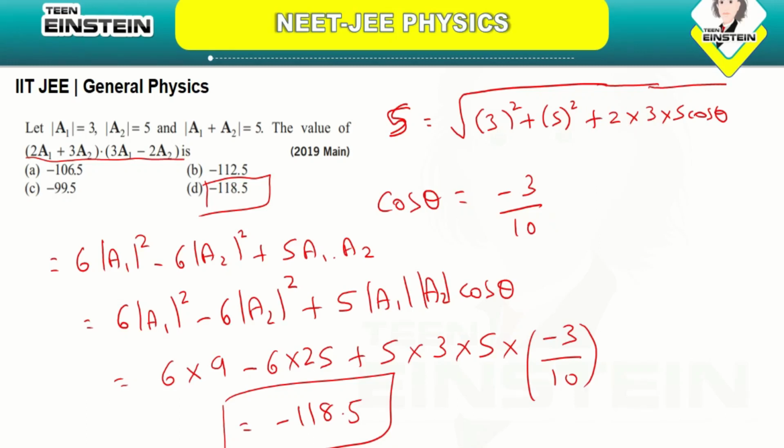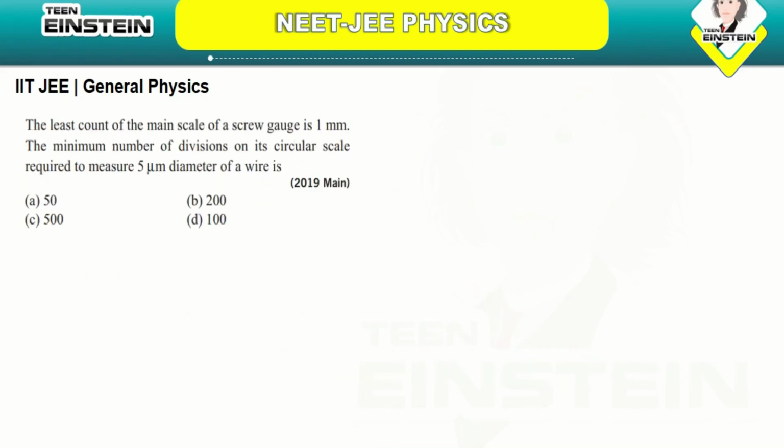Okay, let us now move on to the next problem. The least count of the main scale of a screw gauge is 1 mm. The minimum number of divisions on its circular scale required to measure 5 micrometer diameter of a wire is.